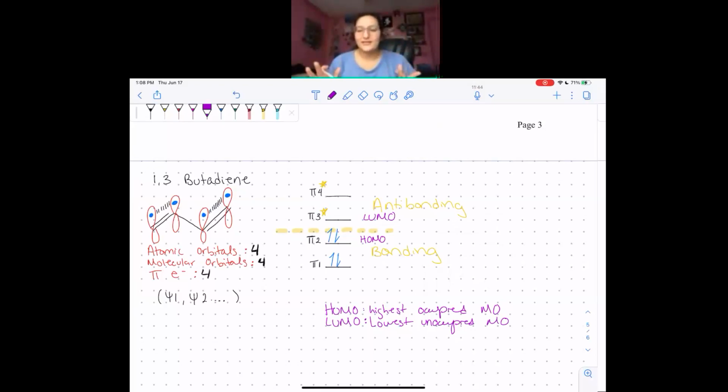There is a lot to it, and you are kind of right, but for the purposes of this class, just know that antibonding has to correlate to bonding. So pi 1 correlates to pi 3, pi 2 correlates to pi 4, and the electrons are going to move up if excited. So we're going to leave it at that.